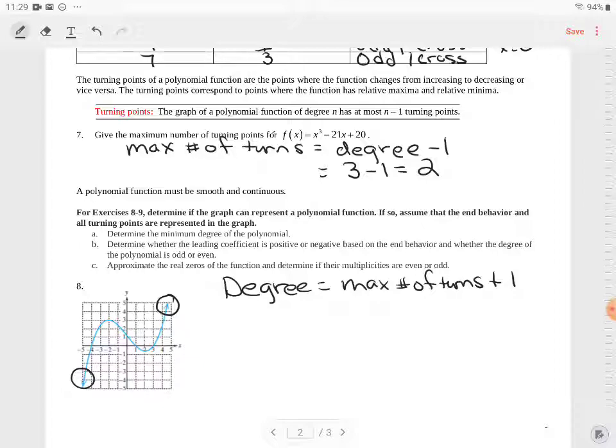So the minimum degree for this one is the 2 turns, 1, 2, plus 1. So that's equal to 3. So this would be degree 3, which confirms it because the arrows are pointing in the opposite direction.